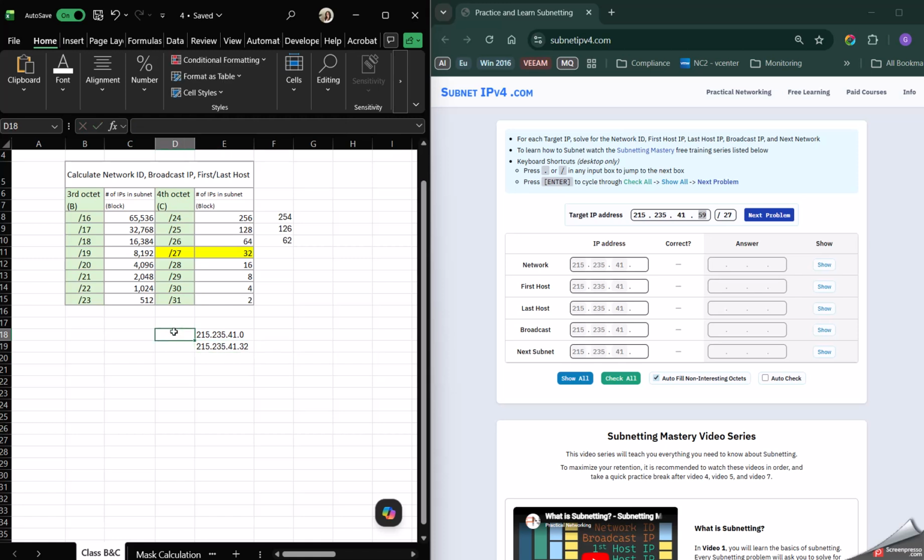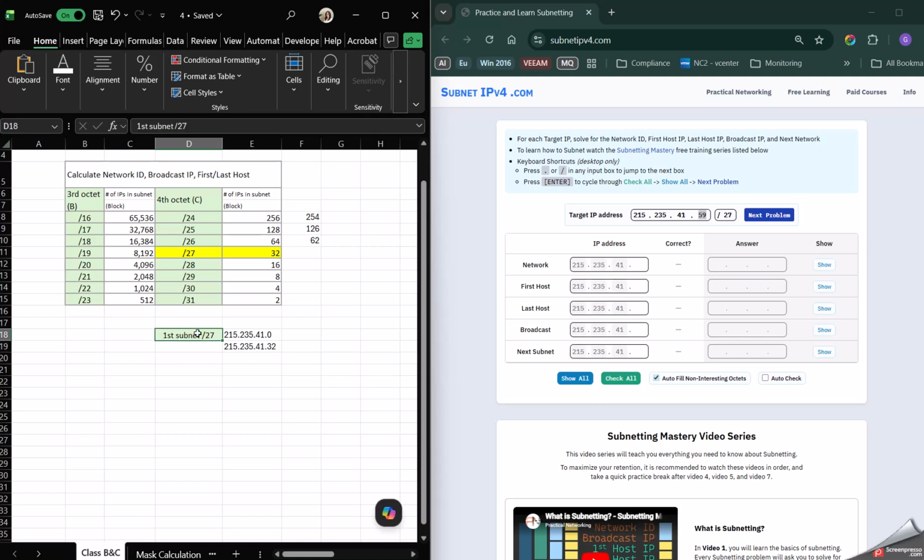So this would be my first subnet of /27. Okay, let's make it bigger like that. And then this would be my second subnet of /27. The first IP in my first subnet of /27 is the first three, which we know stay the same, and 0 is basically the first one, which is the network ID.